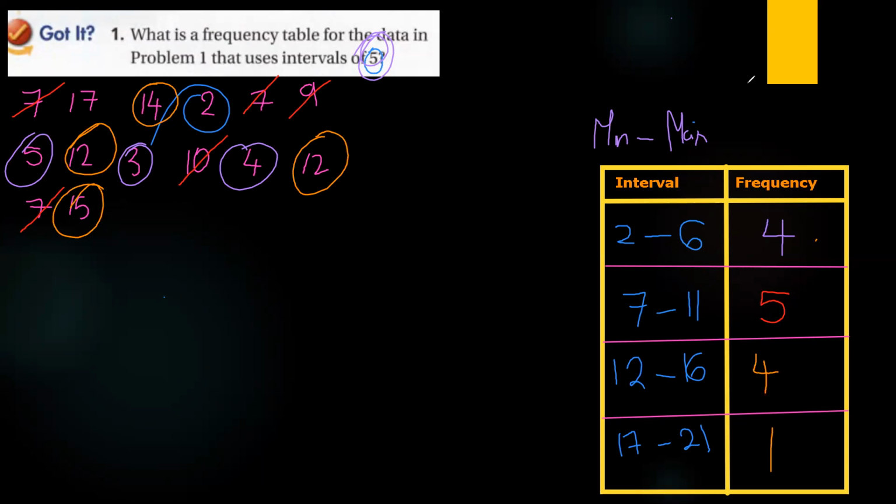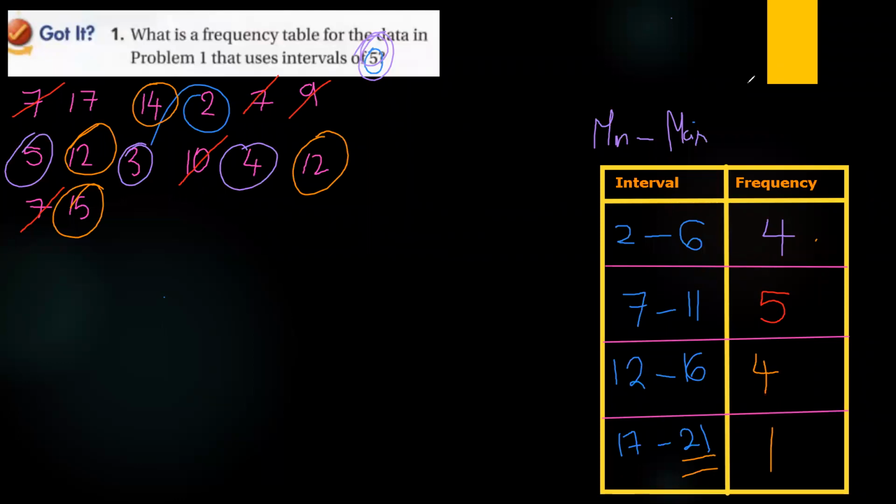In this question here, no. Here they ask that I want the length of each interval 5. That's why we didn't end with 17. We end with 21. Because he asked me to make the length of interval 5. So when I start counting by 5, I stop at 21.